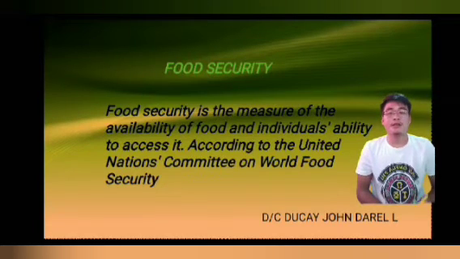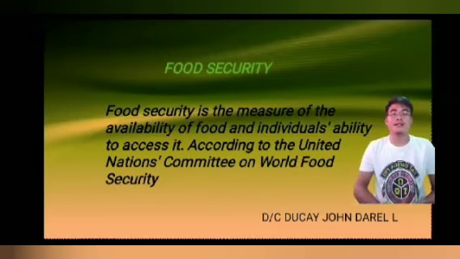So, first of all, let us know what we mean by food security. Food security is the measure of the availability of food and individuals' ability to access it.